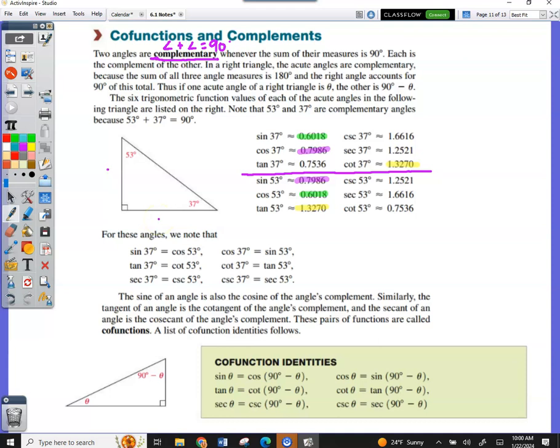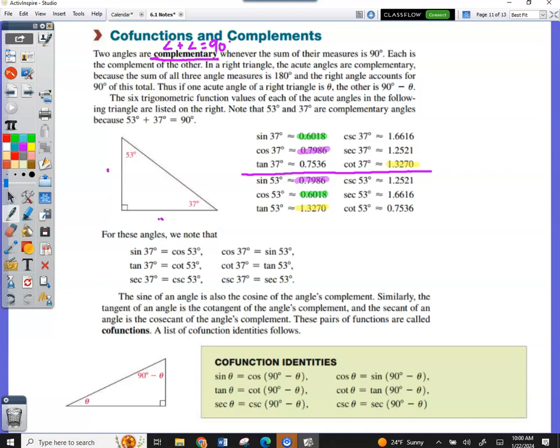The cotan of 53 would be adjacent over opposite. Again, same sides, same formula. So the takeaway from this slide, what's the point?